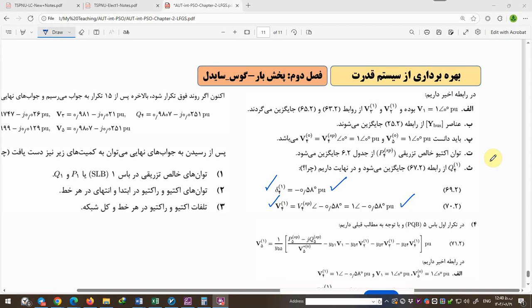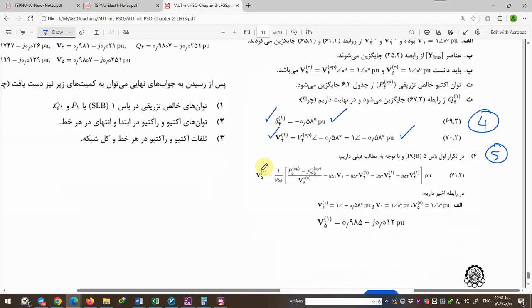After passing the bus number 4, it is time to calculate the parameters for bus number 5. Bus number 5 is a PQ bus, and for the PQ bus, it's required to find the voltage in iteration 1.